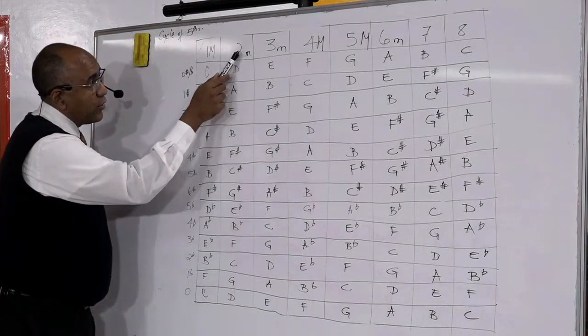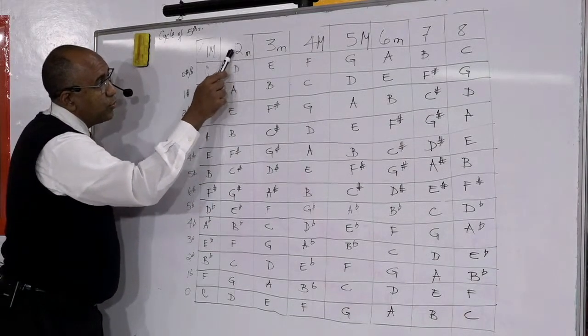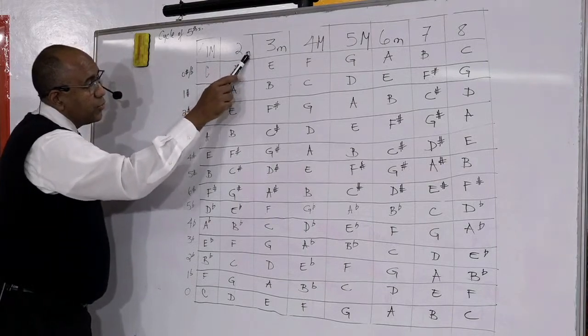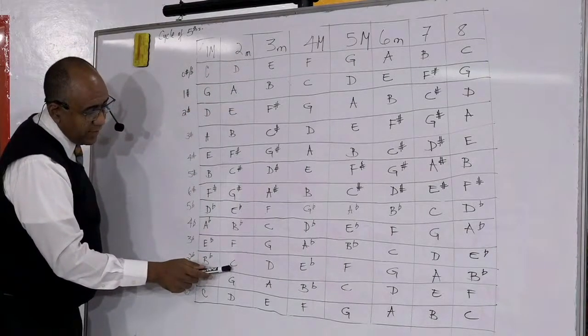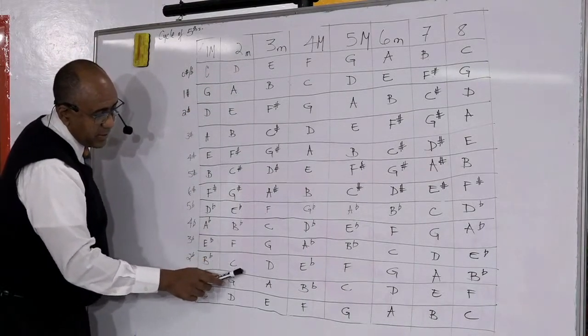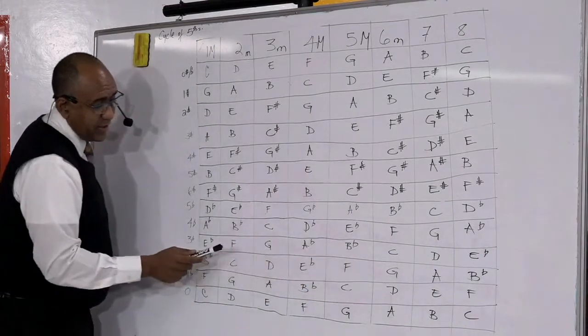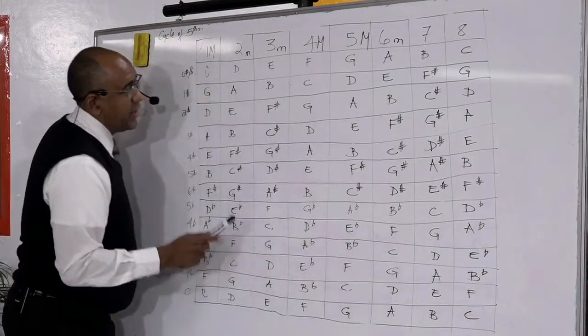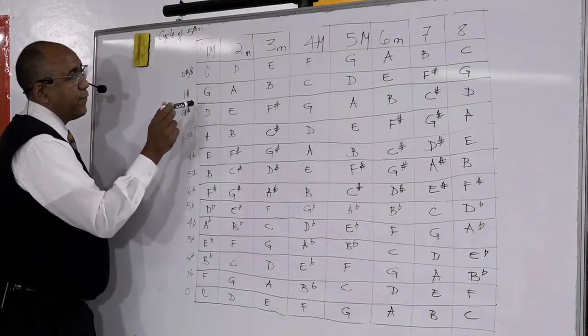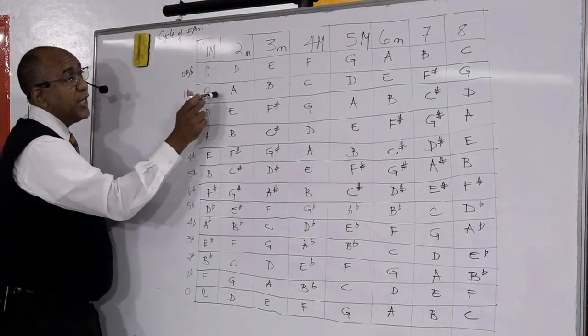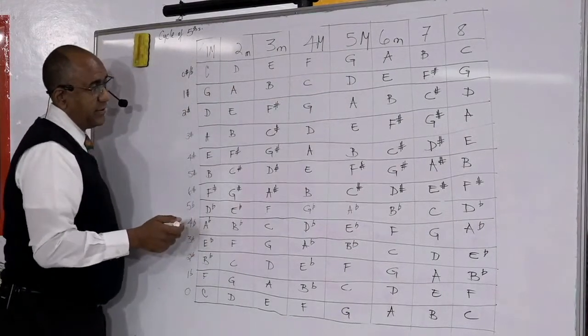Now, if we look in this number 2 here, if we find C, we have C, skip D, E flat, and G. So it tells us exactly what the majors are. So if we want G minor, it will be G, B flat, and D.